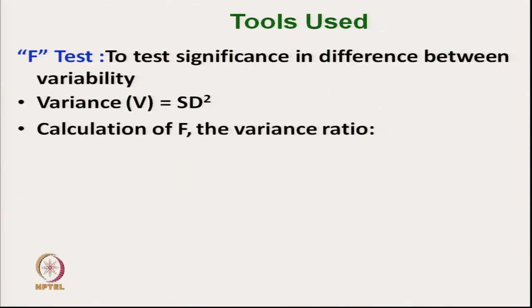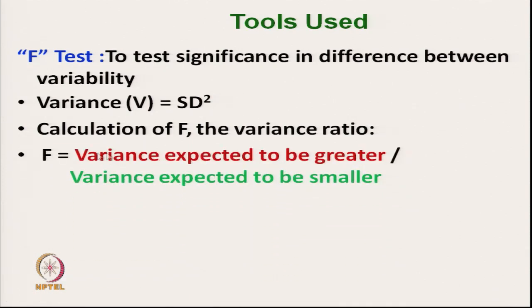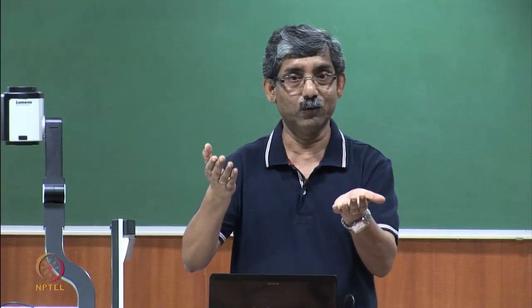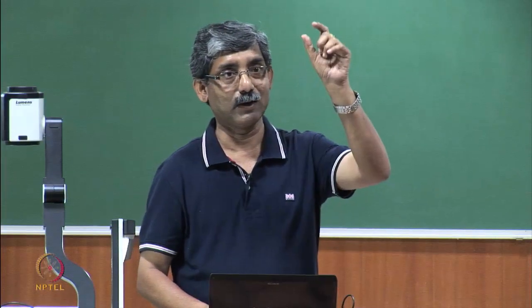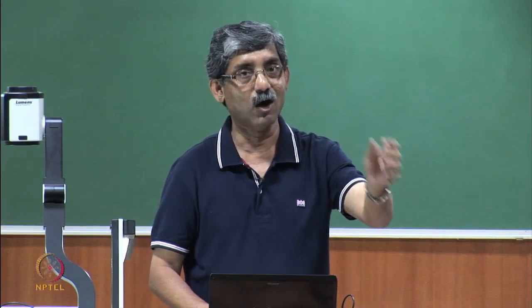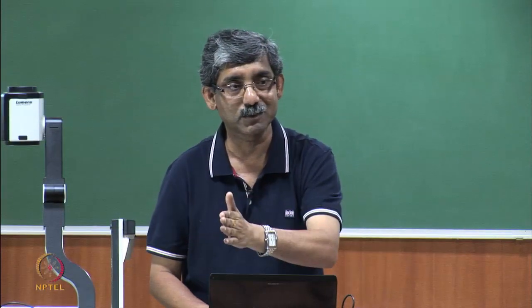Now, how to calculate F? It is called the variance ratio. One should be very careful that the F value is always more than 1. We have two data, like variance 1 and variance 2, but we should know which one is more, whether the sample 1 variation is more or sample 2's variation is more.